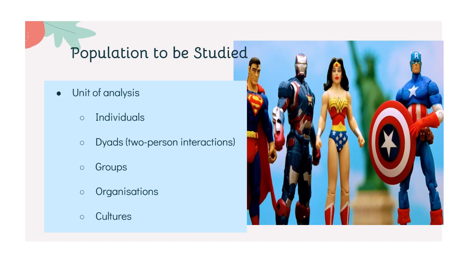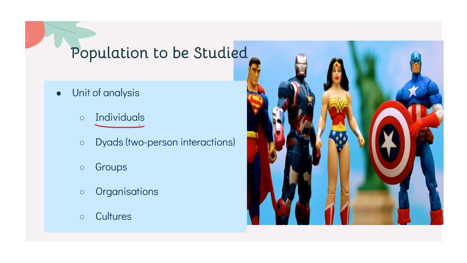For example, if your problem statement focuses on how to raise motivation levels among students in general, then you will be interested in studying students in an organization and maybe finding out how they can raise the motivation. So as such here, the unit of analysis would be an individual.